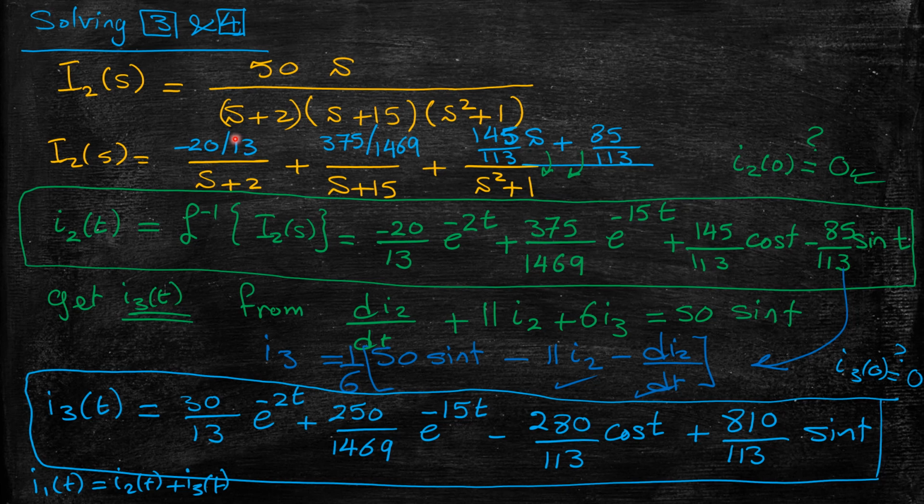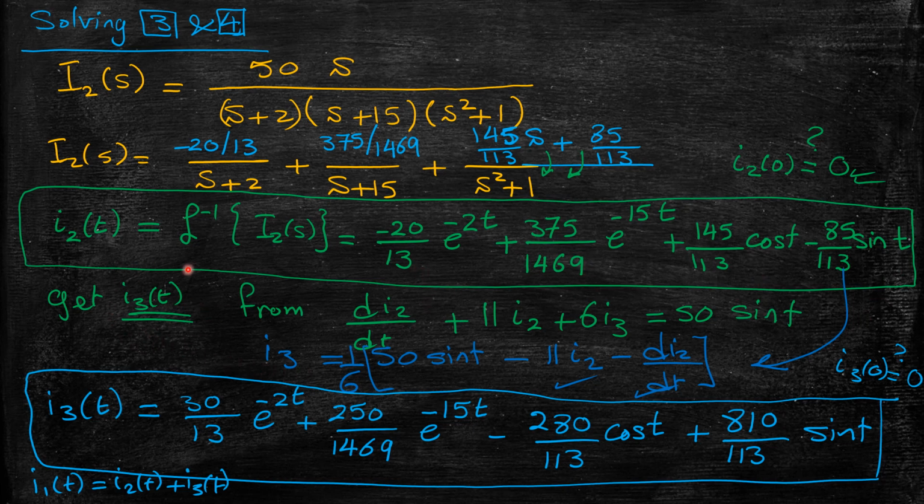You can assume this one is A, B, C S plus D. And then we will end up with I2 of t equals some constant times e to the power minus 2t, another constant b times e to the power minus 15t, a third constant c multiplied by cosine, and the fourth and last constant d multiplied by sine t. We don't know these coefficients yet, but at least we know how this function looks in the time domain.